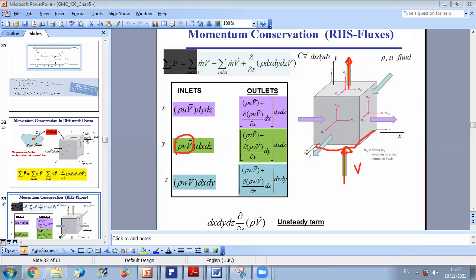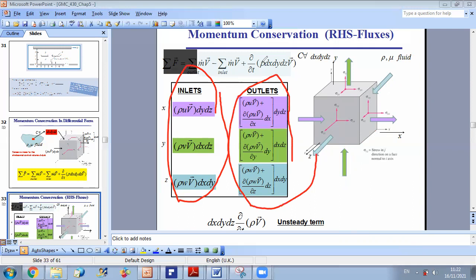And at the outlet, you do the Taylor expansion to compute the value of rho vv at this level, which is rho vv plus del by del y of rho vv times dy. And the same in the final direction here. You will consider w as the velocity component crossing the face. So this will give you the different expressions of linear momentum fluxes at inlets and linear momentum fluxes at outlets.